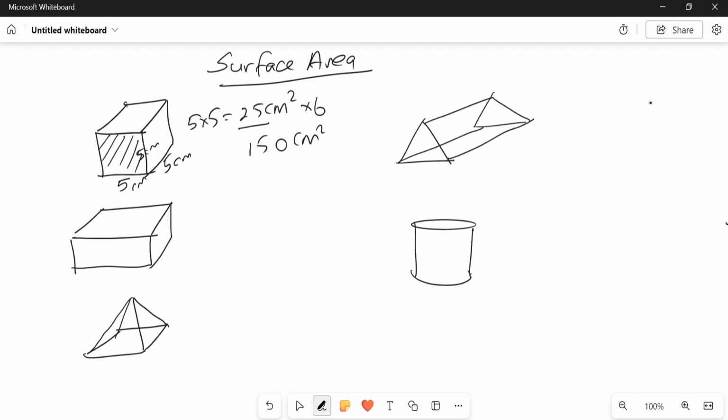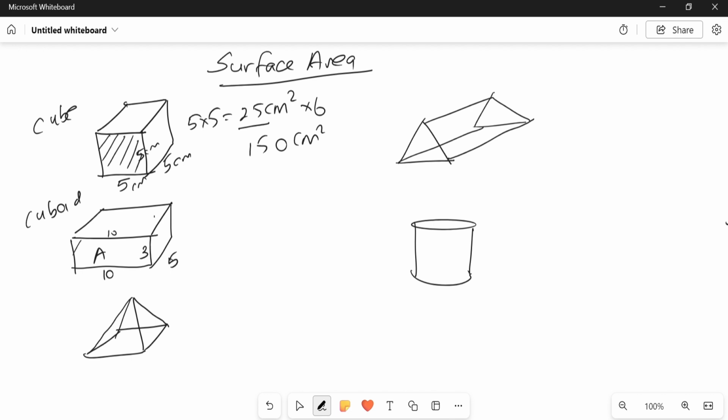But it is completely different in a cuboid. This is cube. This is cuboid. In a cuboid, you see, there are 3 different faces. Now look at this. This is 10 centimeter, this is 3 centimeter, this is 5 centimeter. So this is face A, and this is another different face.